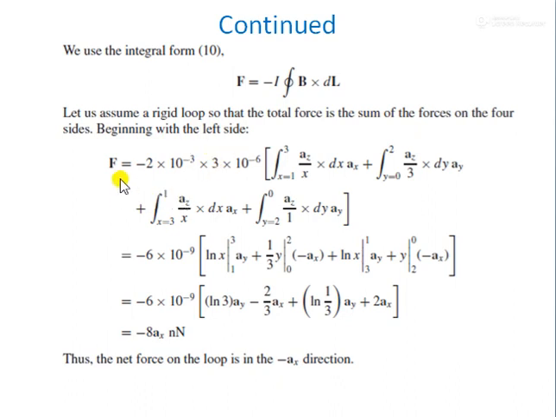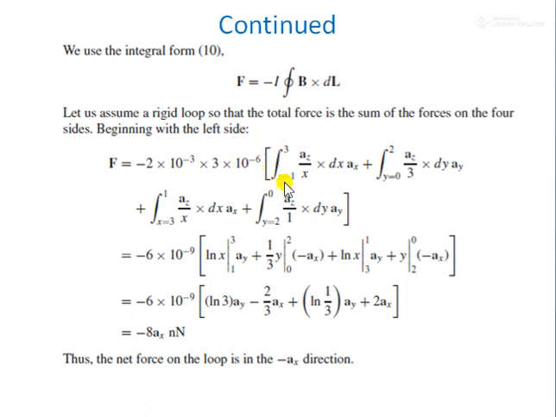F is equal to minus 2 into 10 raised to minus 3 into 3 into 10 raised to minus 6. So F is equal to minus 2 into 10 raised to minus 3, which is nothing but the current in the opposite direction, into B. This is a constant, 3 into 10 raised to minus 6.